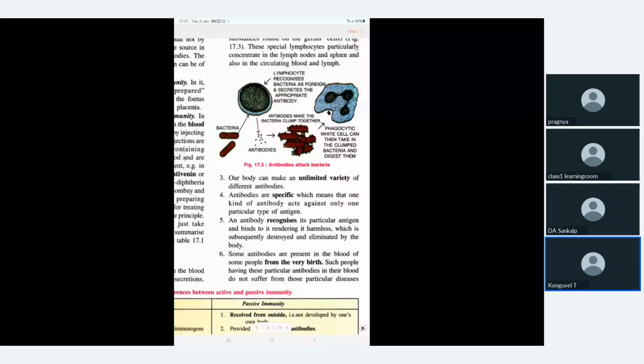Food is also a foreign substance entering from outside, but bacteria is also a foreign substance entering from outside. The body should recognize which is good and which is bad. So that's very, very important. It should recognize only the bad bacteria, bad virus, and bind to that.